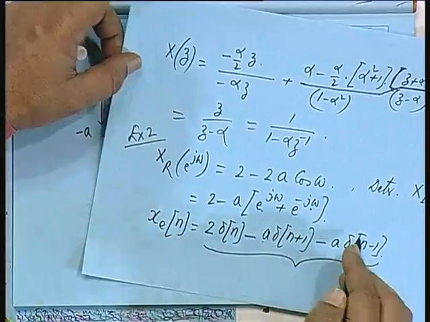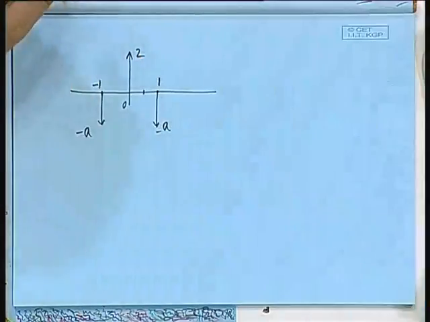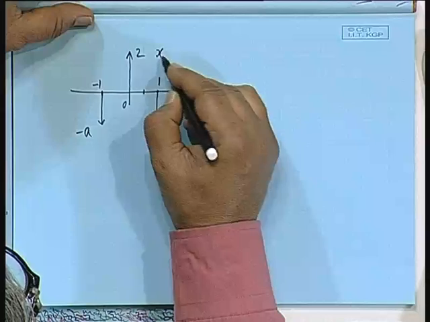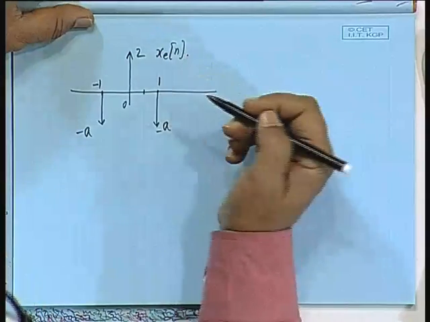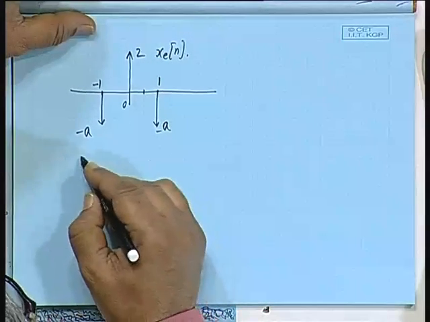So, if you take the average, you will get some values on the other side. So, even part x_e(n) will be extending on both sides. Similarly, x odd. So, this is x_e(n). Now, how do you recover x(n)?